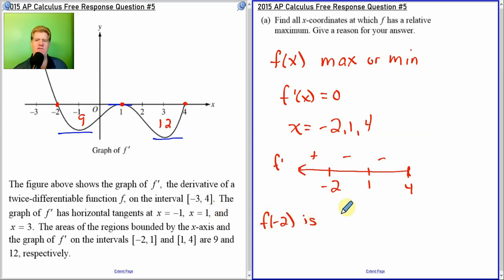Now, it's going to ask you to give a reason. Unfortunately, the table alone is not a reason enough. You have to explain what this table says. So f has a maximum at -2.